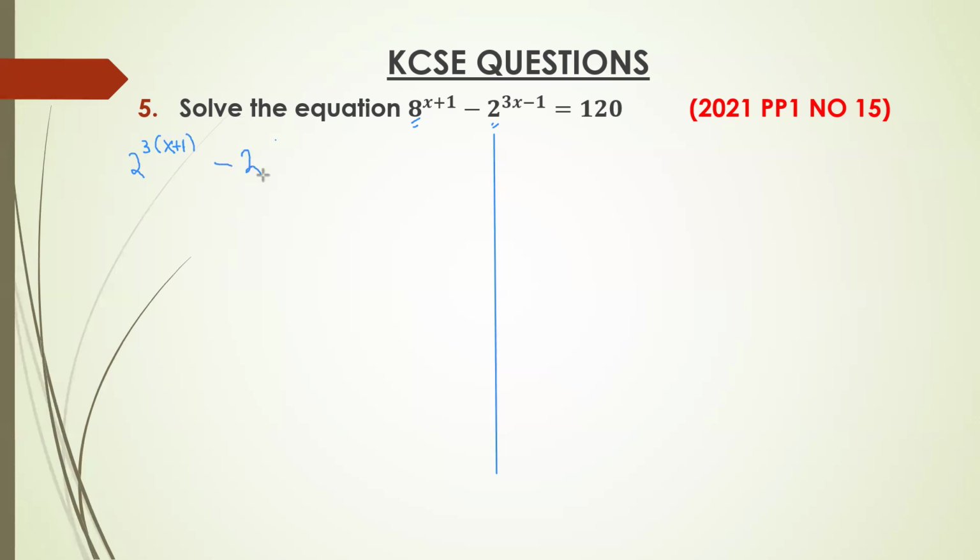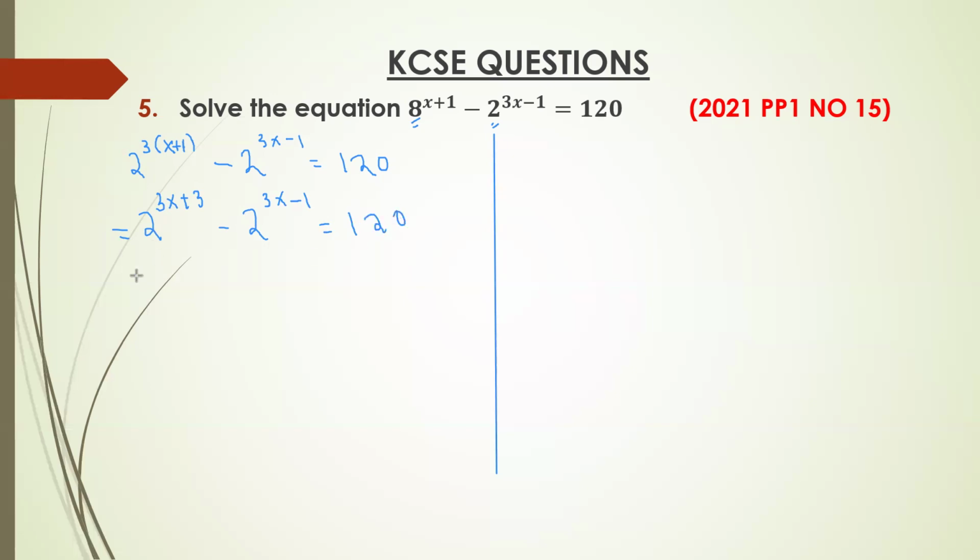Minus 2 power 3x minus 1, equal to 120. Sawa. Sasa hii power 3x na kuna 1, ukizi multiply itakupa 2 power 3x plus 3. Na hapa minus 2 power 3x minus 1 equal to 120.